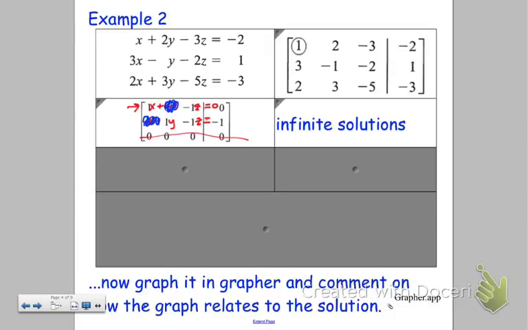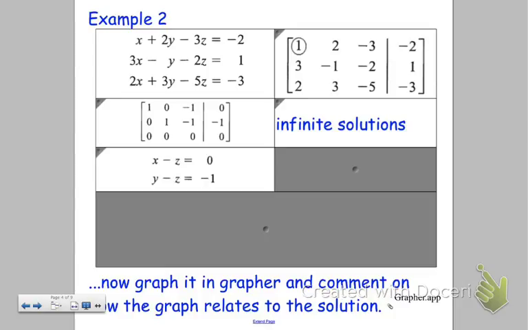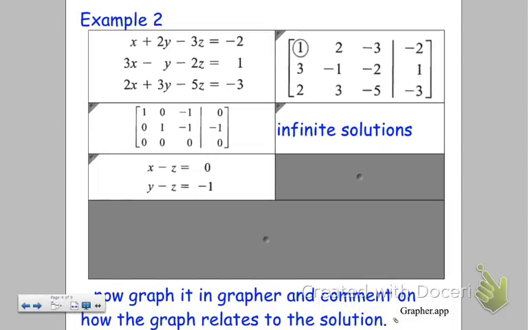So then that just gives us this equation here: x minus z equals 0 and y minus z equals negative 1. Okay, so here's where it gets a little tricky. So there's infinite solutions because this relationship is our solution. So since that relationship is our solution, there's an infinite number of points, x, y, z, that would satisfy that relationship.